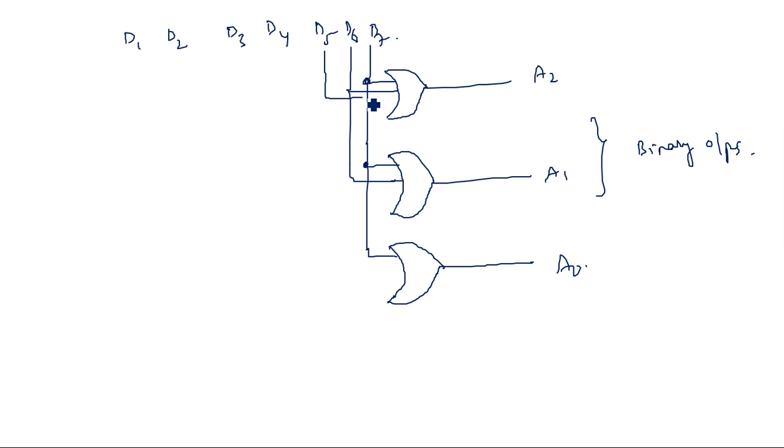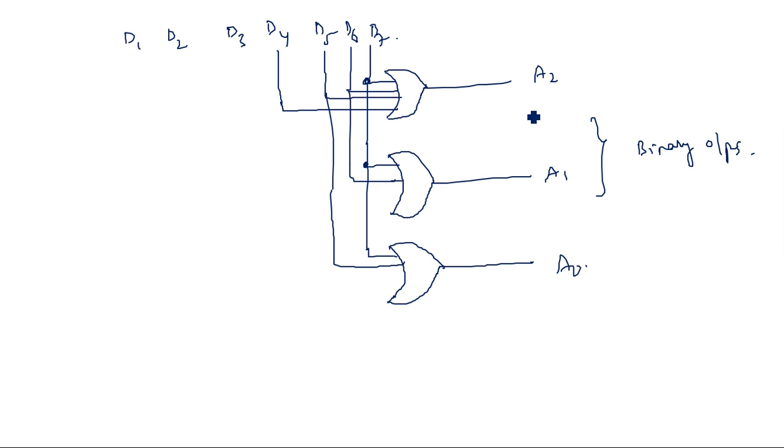So A2 is 1 and A0 is 1. Next, D4 is 100, so only A2.